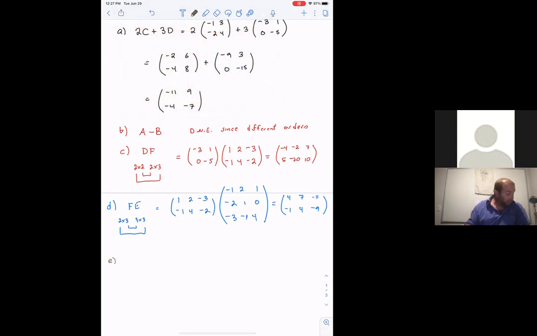E squared. Well, you can only square a matrix if it's itself a square matrix. And this one is, so let's duplicate it. And let's duplicate it again.